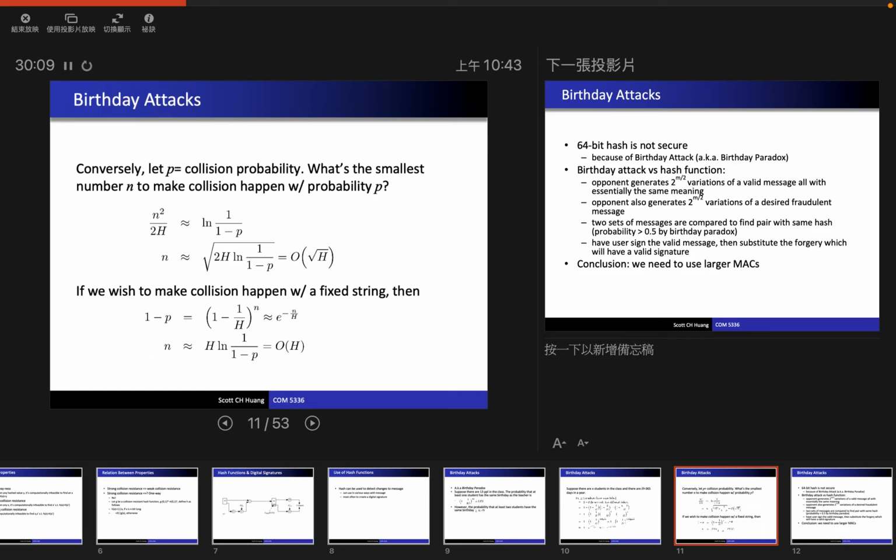Now, we want to compare with the other case, the weak collision resistant version. We want to make a collision happen with a fixed string, with somebody. What is a fixed string? That means the probability that somebody shares a birthday with me. So what's the probability?